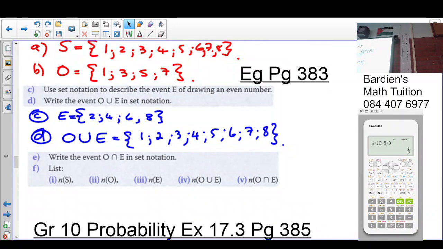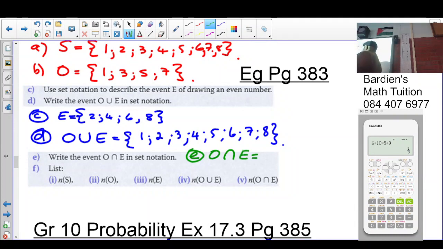Question E says, write the events O intersection E in set notation. So that is the intersection. Intersection means the element must belong to both sets or both events.